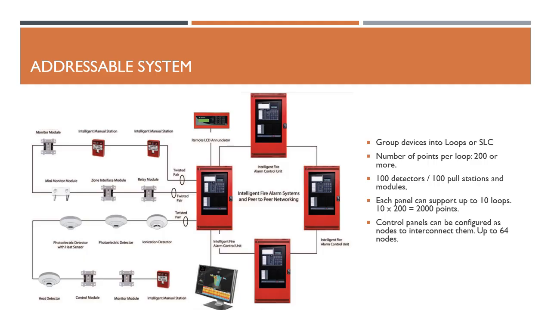Based on the image, if the main panel is in building A and we have other secondary panels in the adjoining buildings B, C, and D, any alarm, problem, or supervision coming from the panels in buildings B, C, and D will be received in the panel located in building A, displaying on the screen the address of the device and the location.